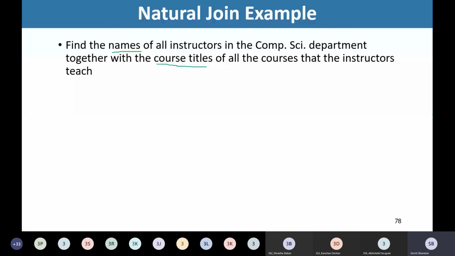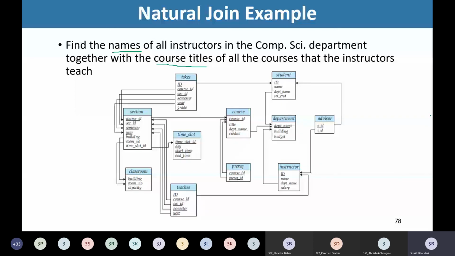You should refer to our schema. Which relations are to be used here to write the query? What are you asked for?